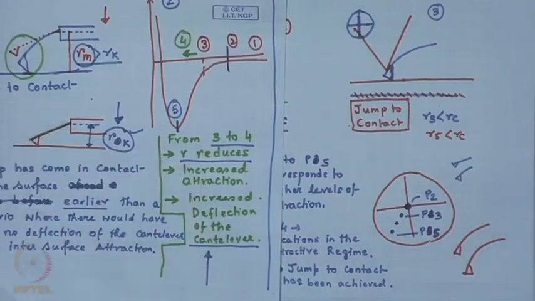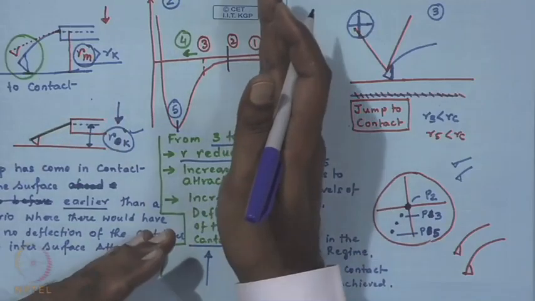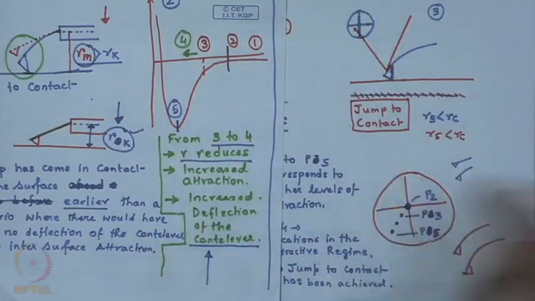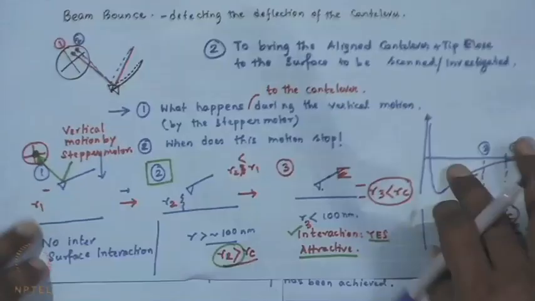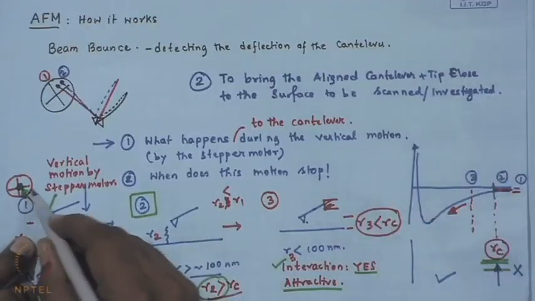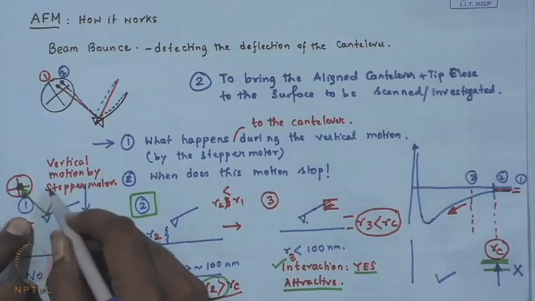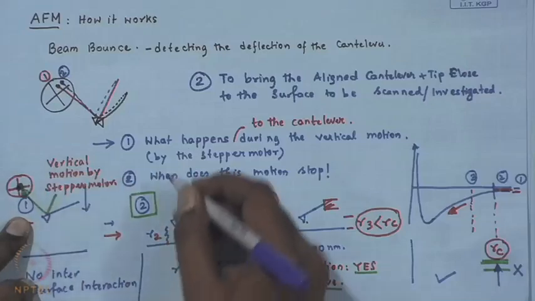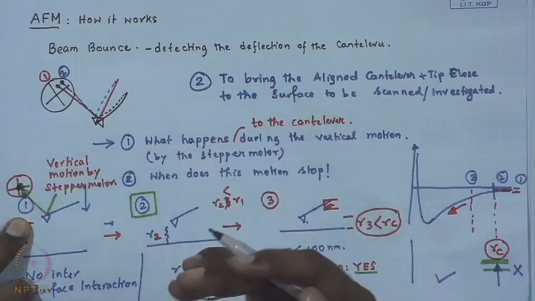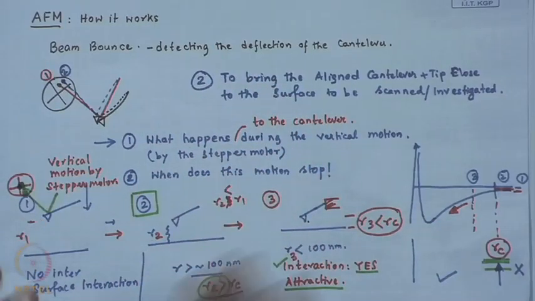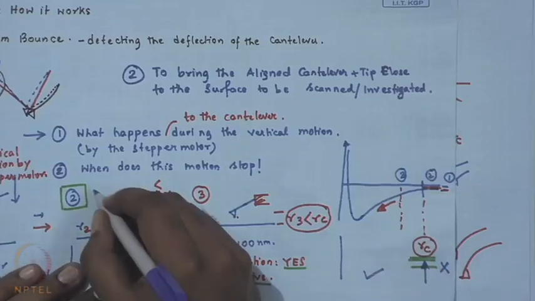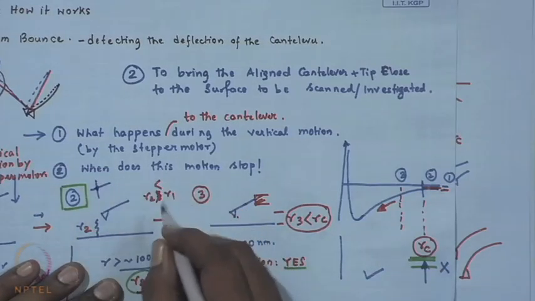So, I will just do a quick recap. At very far away the AFM is fully aligned. Okay. So, the bounced laser spot falls at the center, the stepper motor starts to move, still you are beyond Rc, there is no interaction. So, the laser spot still remains at the center.